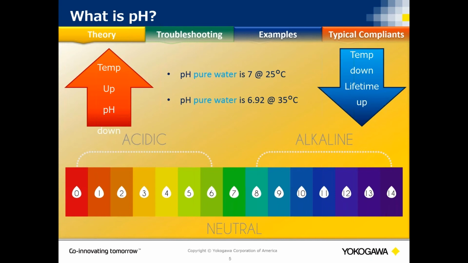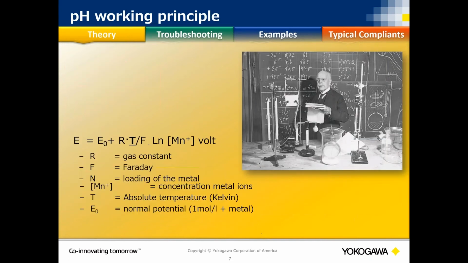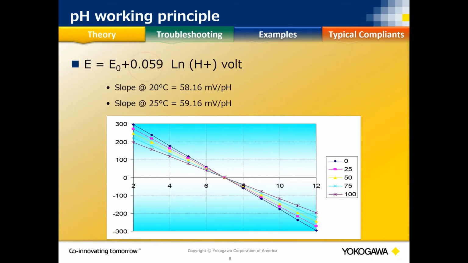And the reason why we need to pay attention to temperature is because the Nernst equation has temperature right in it. So any effect of temperature is very huge and largely impacts your actual pH measurement, okay? Out of this Nernst equation, the magic number we want you to stick in your head is 59.16 millivolts.